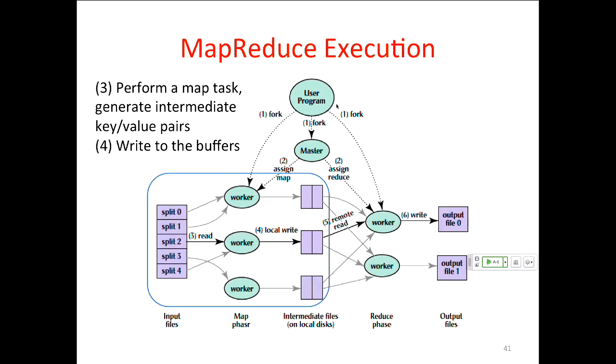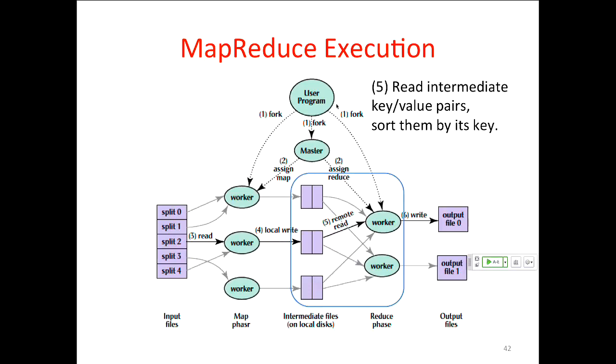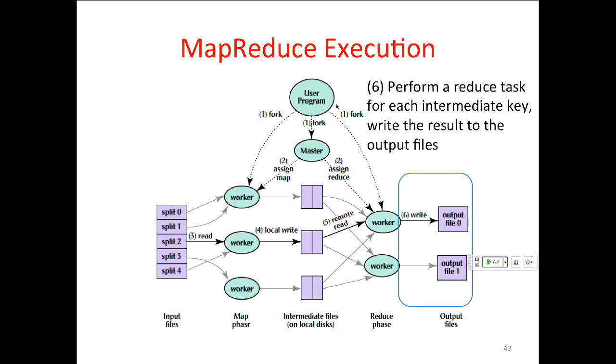Now it's time to reduce the data sets. The reduce workers read intermediate key value pairs and sort them by key. If maps are done, these reduce workers start their work.